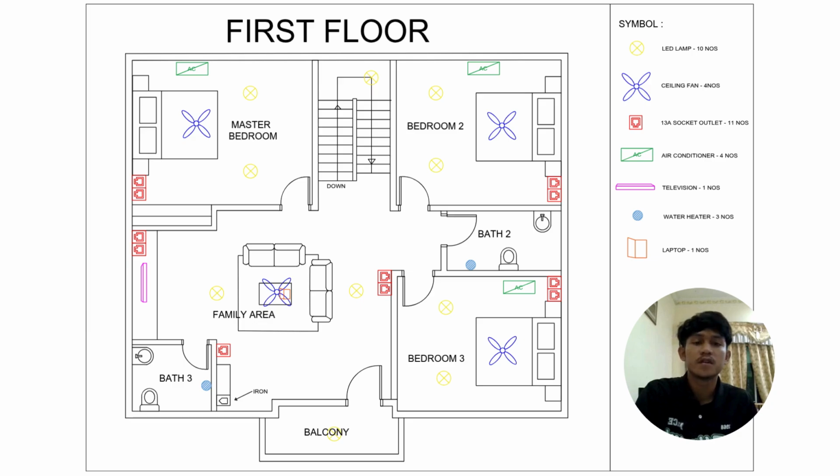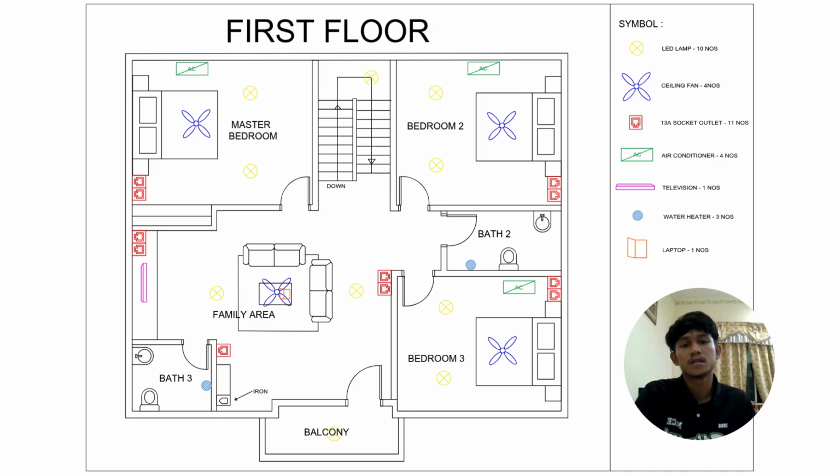So I will continue to the next floor, which is the first floor. For this floor, there are also 10 lamps in every room and area, and four ceiling fans, in every room and one in the family area. And they have 11 sockets.